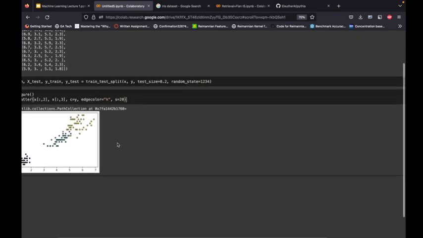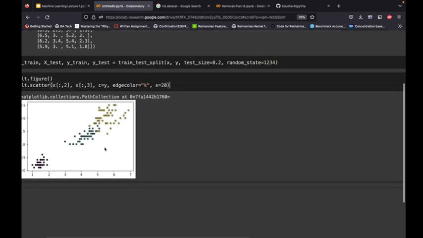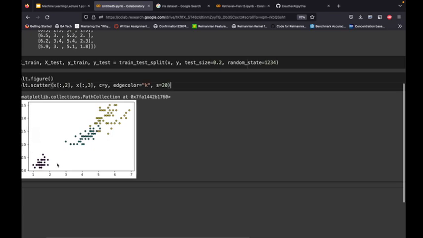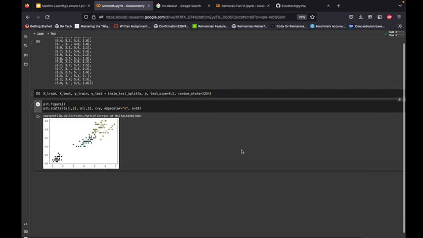Let me zoom in a bit so you guys can see it. So here's what it looks like. Okay. So this is one class. The purple blackish looking dots is one class. The blue dots is another class, and the yellow dots is our third class.